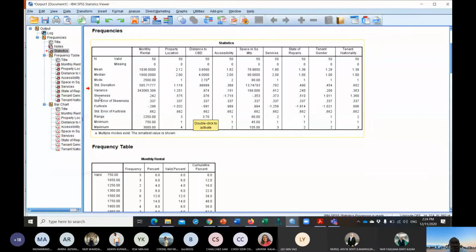So we have various values of the skewness across the rows. Now, for normal distribution, statistically, the skewness or the kurtosis should fall within minus 1.96 to plus 1.96. So for any variable whose kurtosis is outside this range, it is not normally distributed.